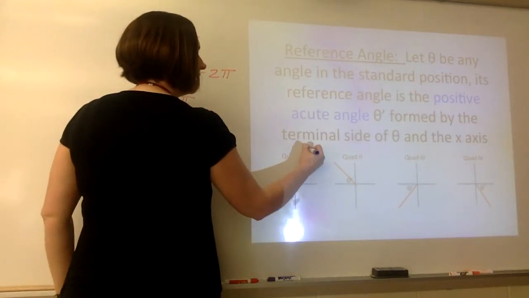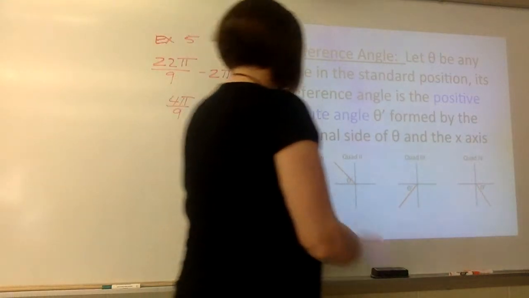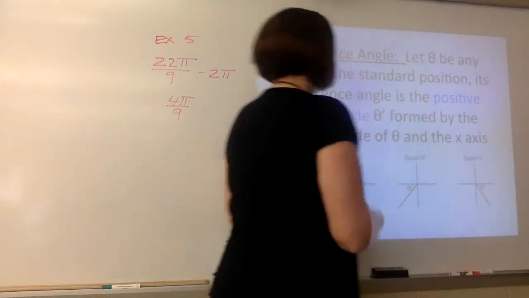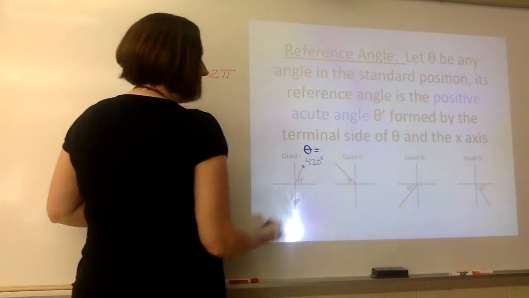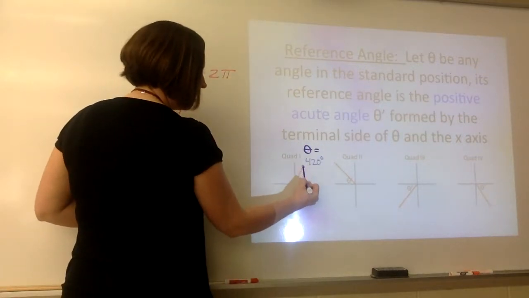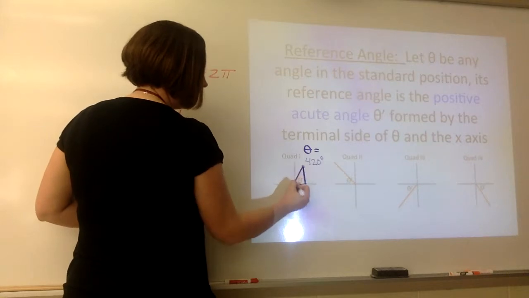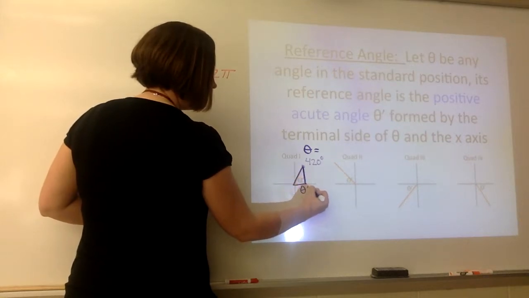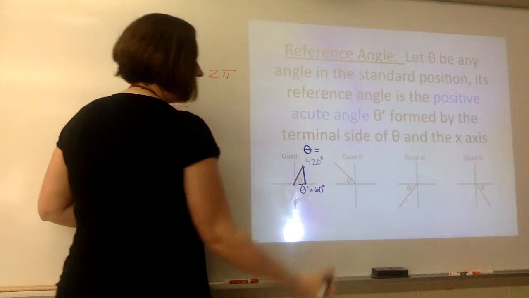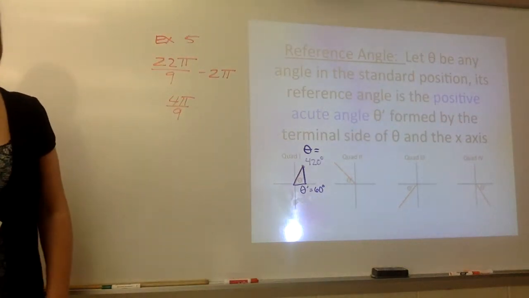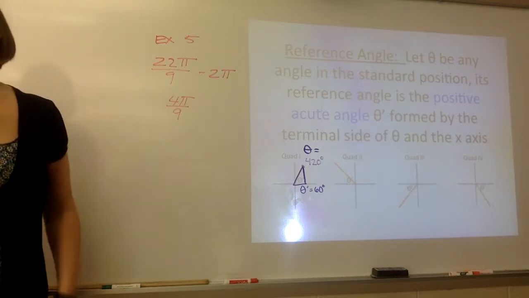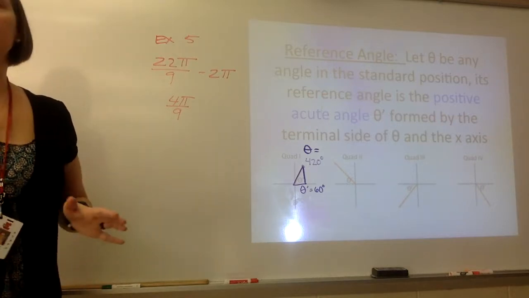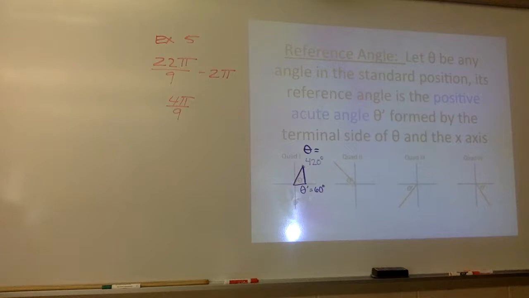That's going to be theta. So this is going to be my theta value, okay? My theta prime is going to be 60 degrees. That's my reference angle. Theta prime will always be acute. It will be less than 90 degrees.